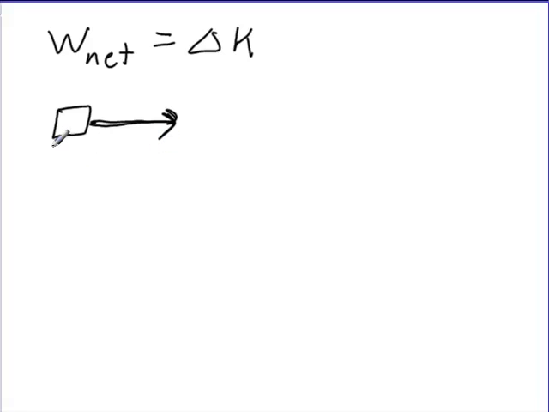So when I talk about the work done by the net force, that's the integral of the sum of all the forces in the x direction times dx. But there's no reason I need to sum this first. There's no reason I need to add up the forces before I integrate dx.